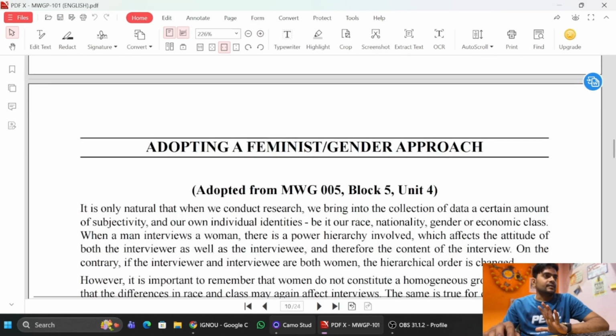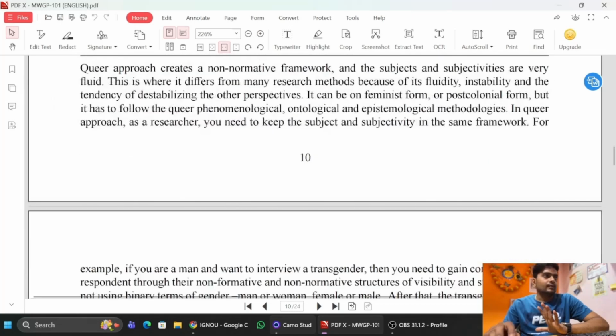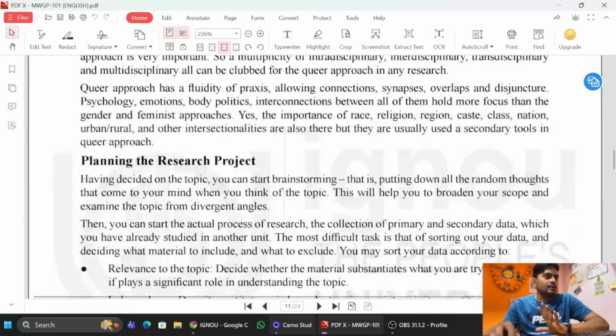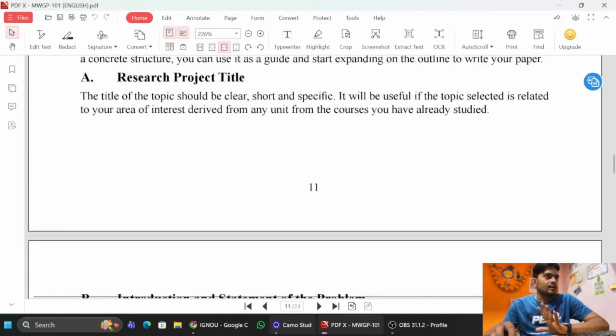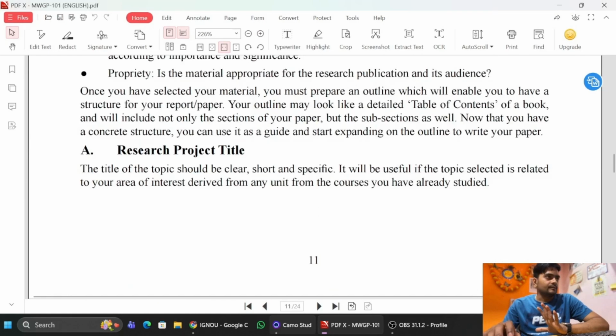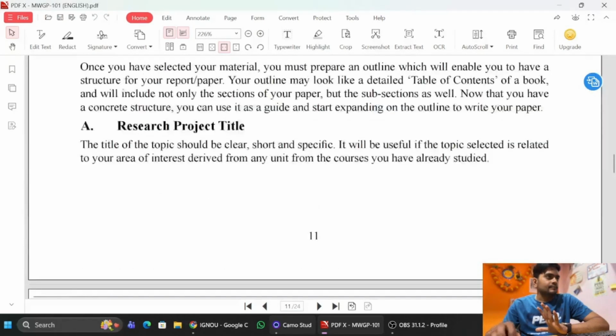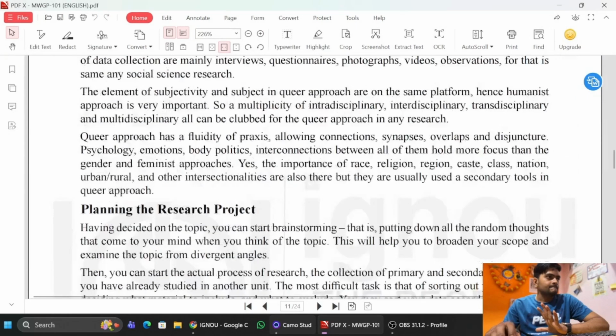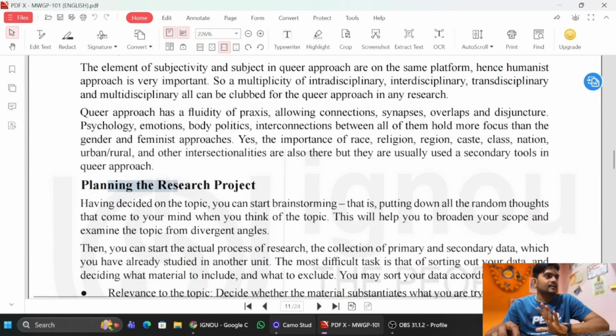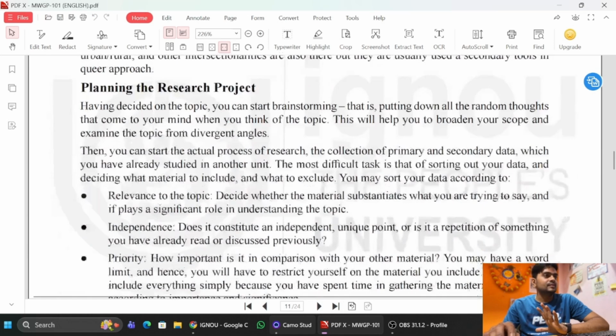So after this we will be understanding another important thing, which is planning the research project. I'll explain how you will plan and write the research project.